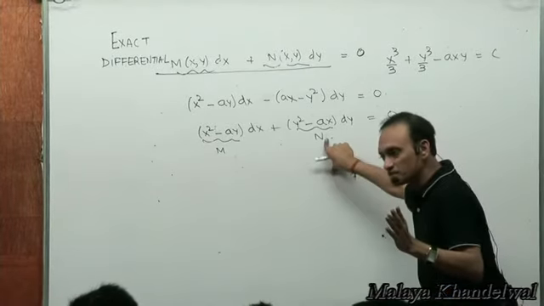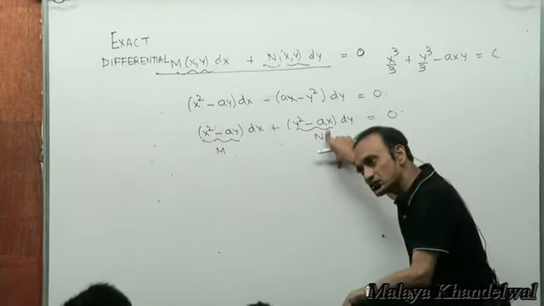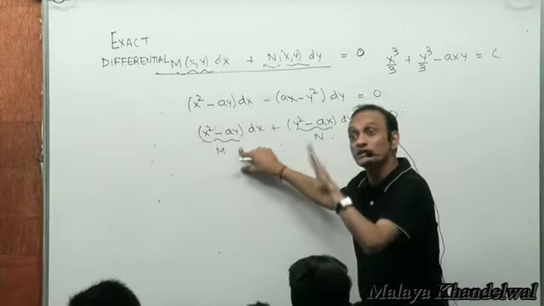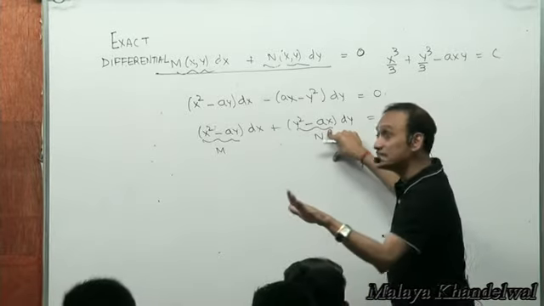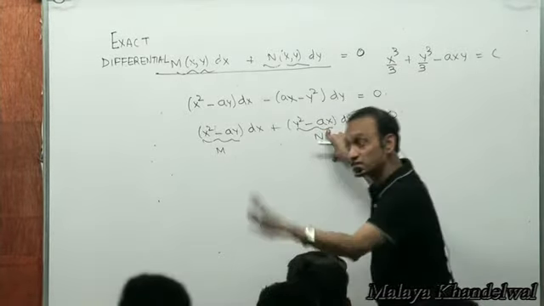Integrate N with respect to y keeping x constant. Okay? You integrate this with respect to x as if y is constant. Integrate this with respect to y as if x is constant.